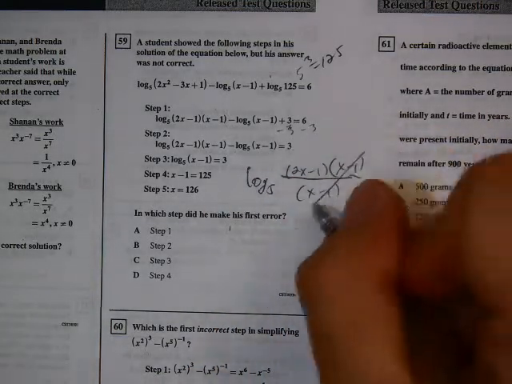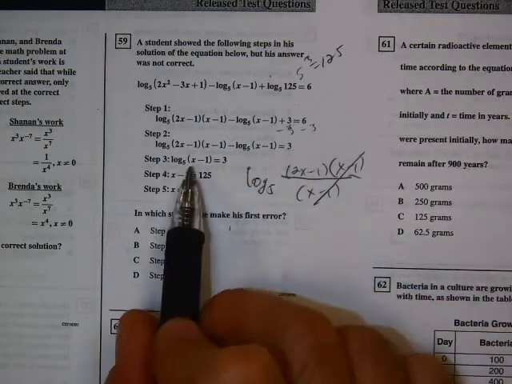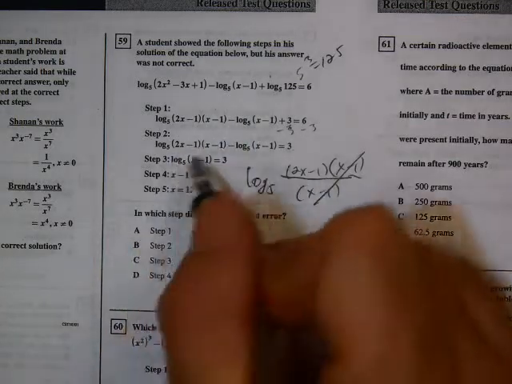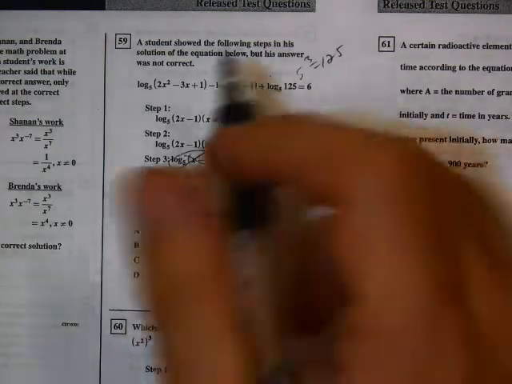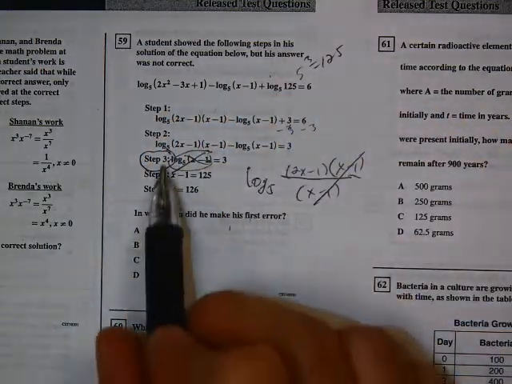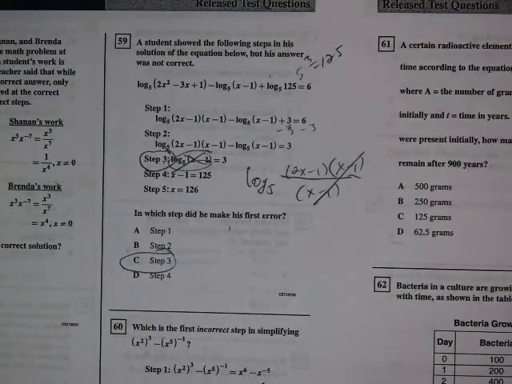These now cancel, which leaves us with the log with just that 2x minus 1, but notice what they put here. They didn't put the 2x minus 1, they put the x minus 1. That is the wrong answer, or the wrong step. So the first error would be step 3, which means our answer for 59 is C.